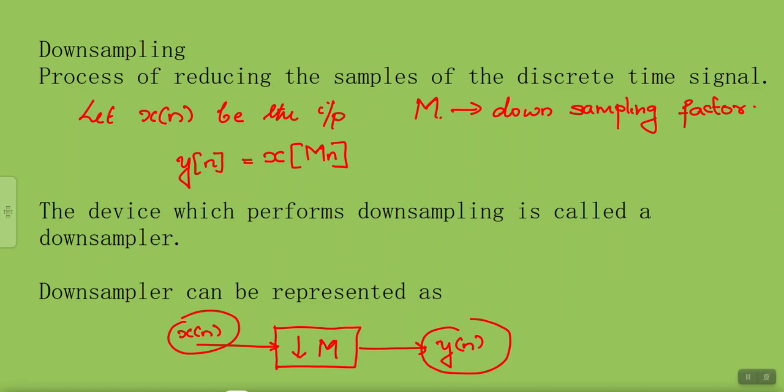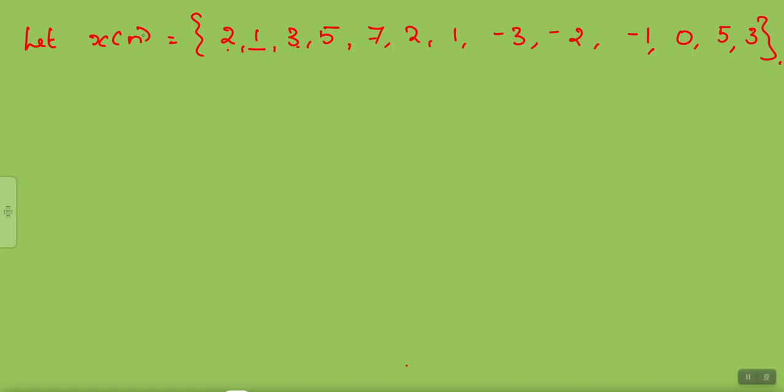Let us consider an example. x of n is equal to 2, 1, 3, 5, 7, 2, 1, minus 3, minus 2, minus 1, 0, 5, and 3. I am taking a downsampler where I want to take y of n as x of 2n.